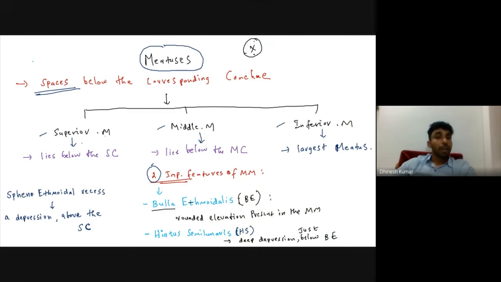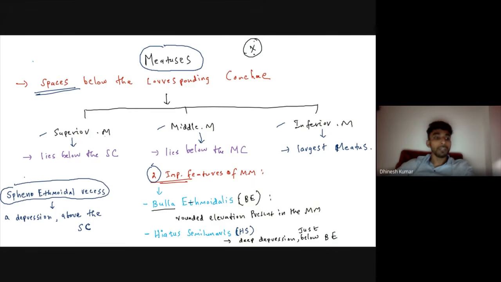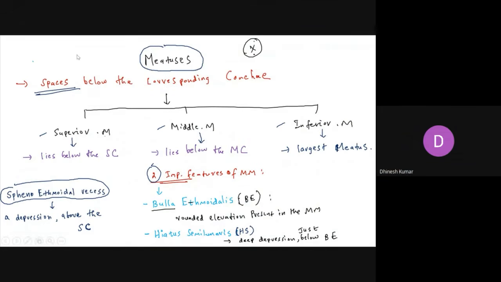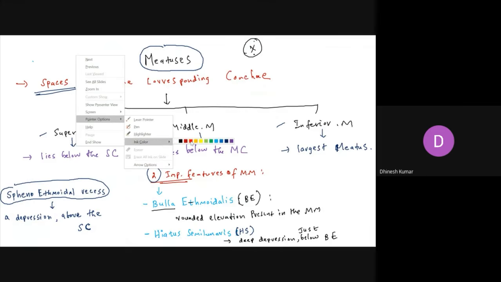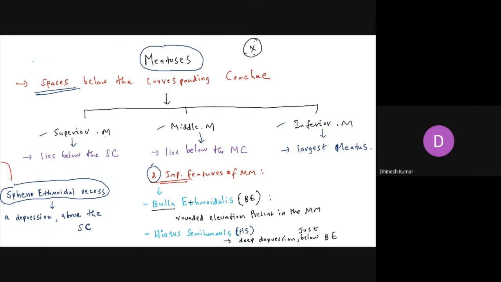Now, one more important thing: other than the three meatus, superior, middle, and inferior, there is one more depression located just above the superior concha, called the sphenoethmoidal recess. Recess means depression, almost equivalent to the word meatus. So how will you define sphenoethmoidal recess? It is a depression located above the superior concha.